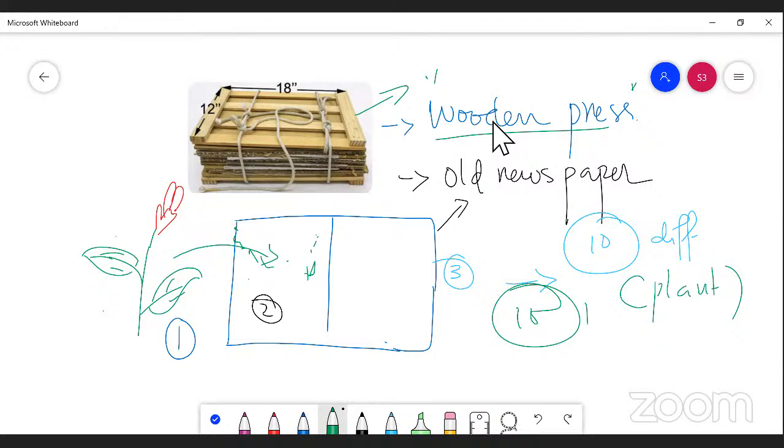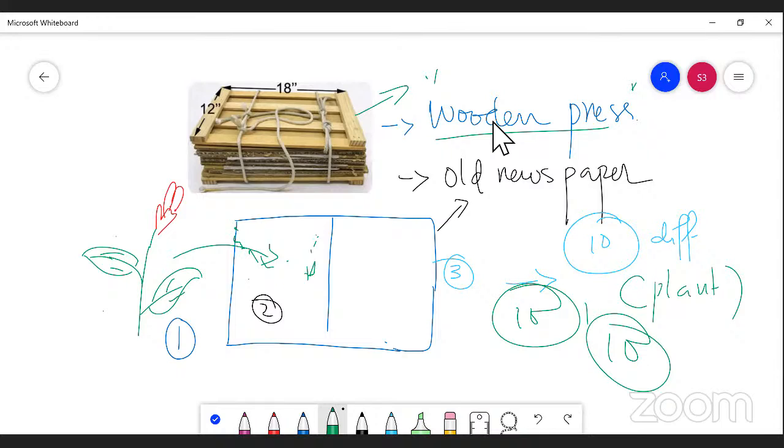When we do this kind of preparation day by day, after 10 days or a week, continuously transferring the plant material from one newspaper to another, all the collections are inserted between these two wooden presses and tied again, and left in an undisturbed place for 24 hours.